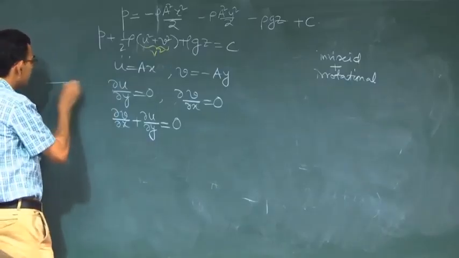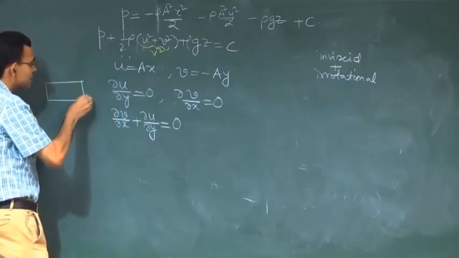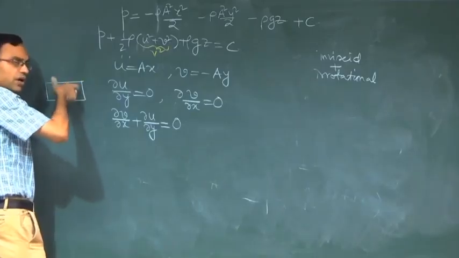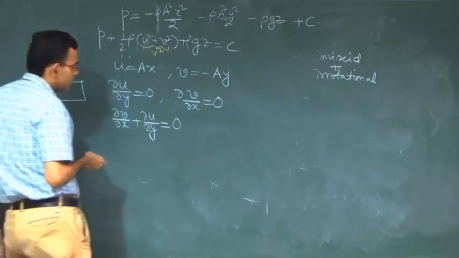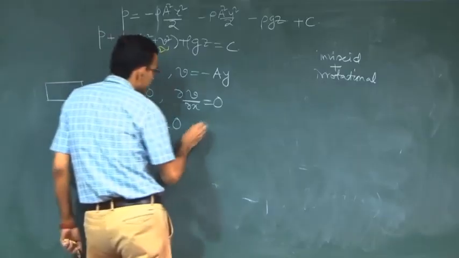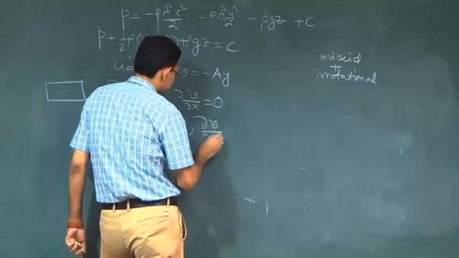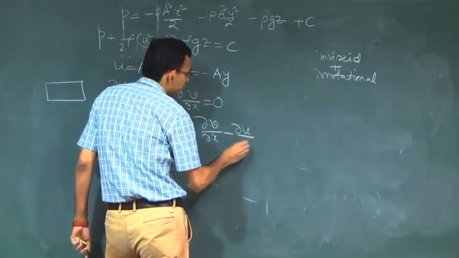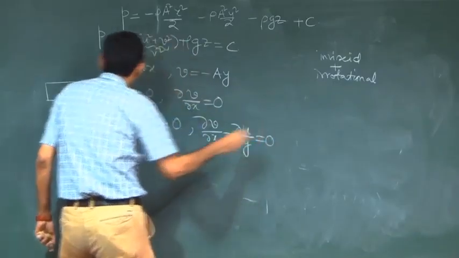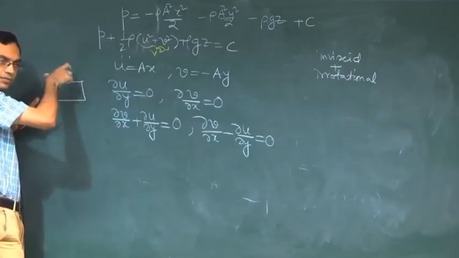So, if the original fluid element is like this, its angles will not be distorted. Not only that, this is a very interesting problem where you have this also equal to 0. That means it also does not rotate.